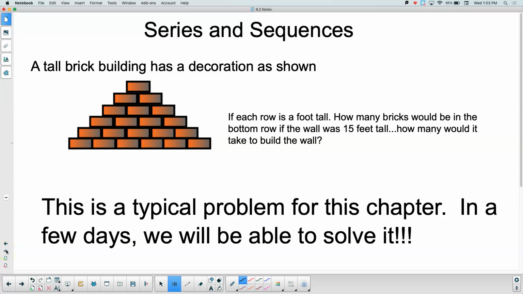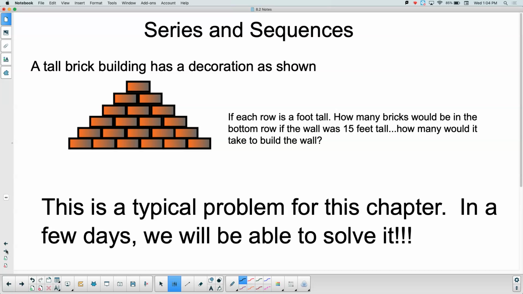So a tall brick building has a decoration as shown. If each row is a foot tall, how many bricks would be in the bottom row if the wall this design is going on is 15 feet tall? And how many bricks would it take to build the whole wall? Okay. That's an arithmetic sequence and series type of problem. The first one is an arithmetic sequence question.